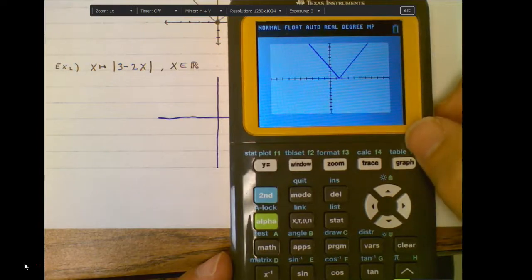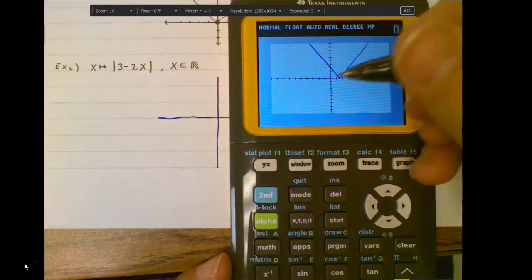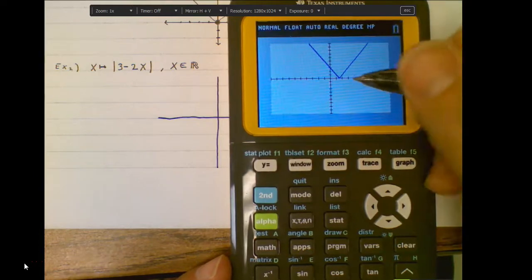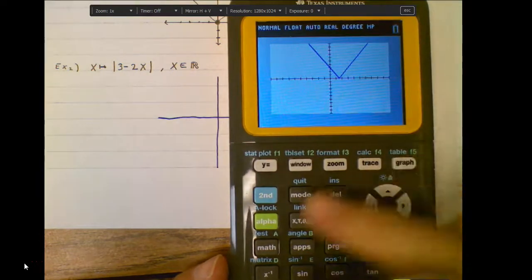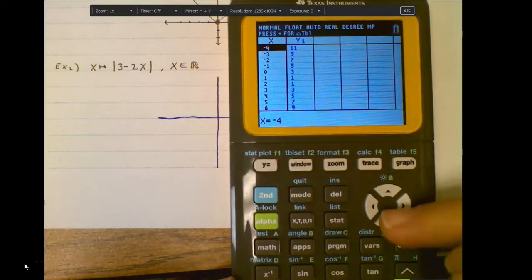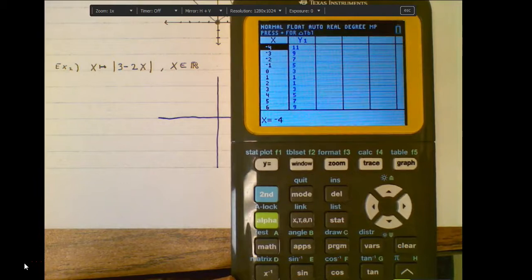For this one, just for accuracy's sake, I would go to the table and plot a few points, so I can see that my vertex is in between 1 and 2. That's something I'll still do by hand. I can go to my table, and I have unlimited points that I could plot on my graph.